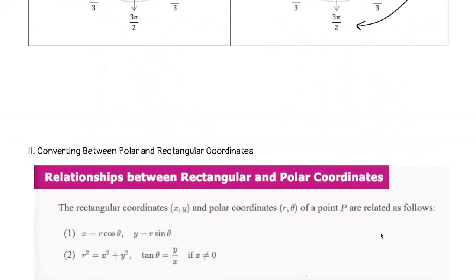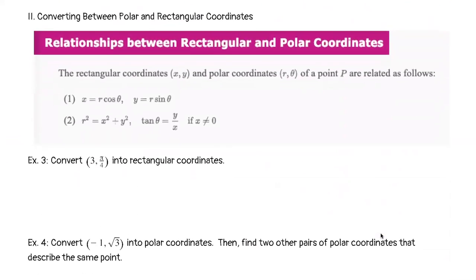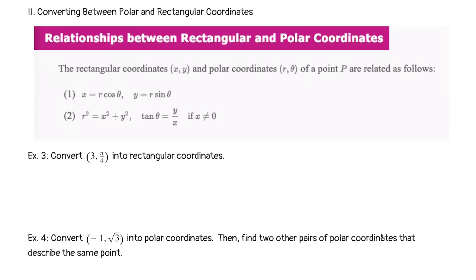All right, so it's important to know how to convert between polar and rectangular. We kind of talked about that earlier with complex numbers, but it's different if we're looking at real numbers, okay? So now we're looking at real numbers, the regular XY numbers, and so here are some equations that help us convert between rectangular and polar coordinates, okay?